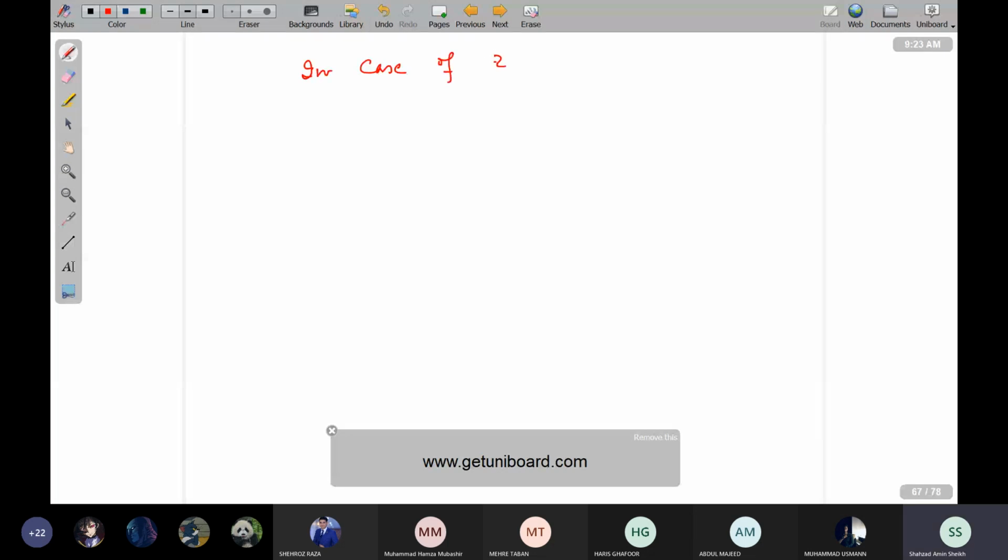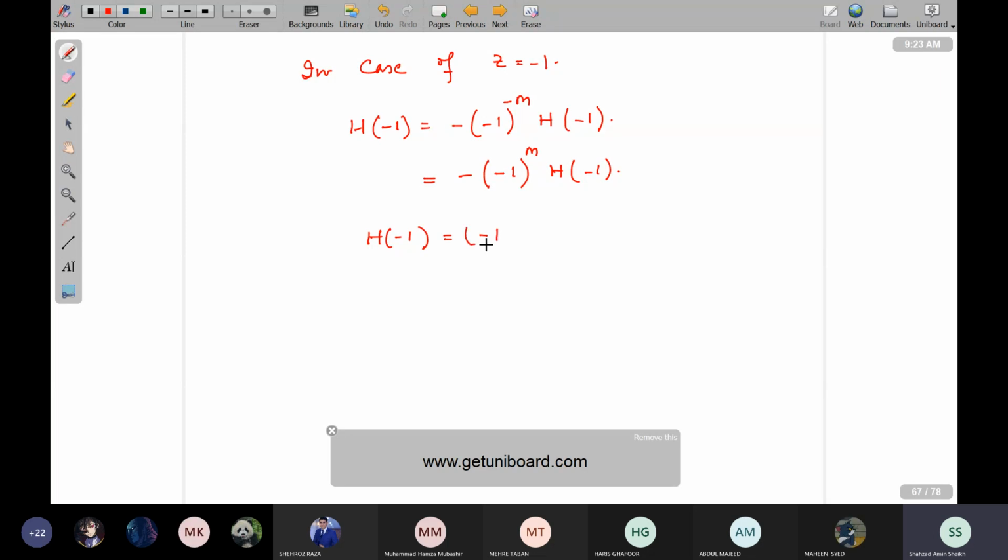In case of z is equal to minus 1, so there is a 0. Suppose we talk about minus 1, the equation can be rephrased like this: minus 1 raised to power minus m h of minus 1, and this can be further extended to minus 1 raised to power m h of minus 1, and that h of minus 1 can be written as minus 1.